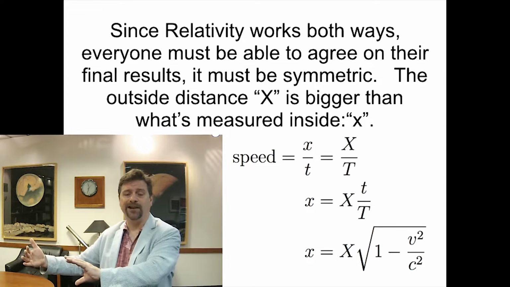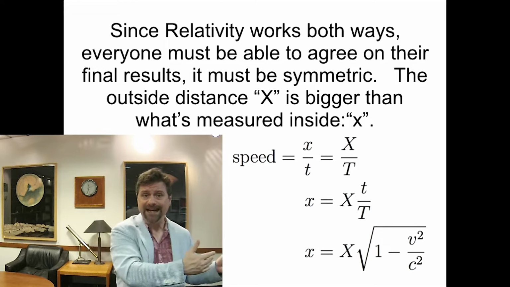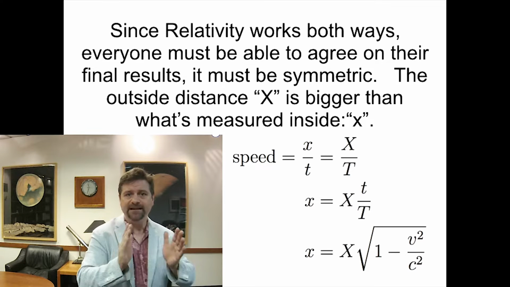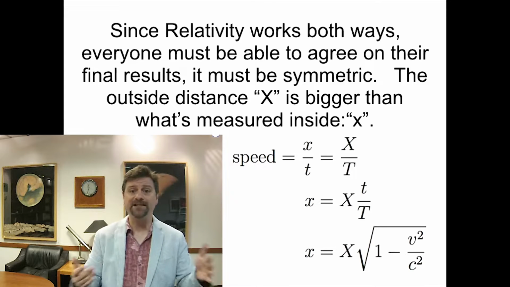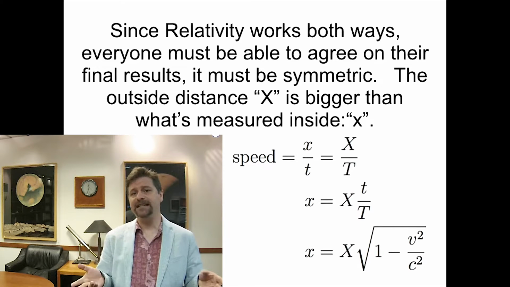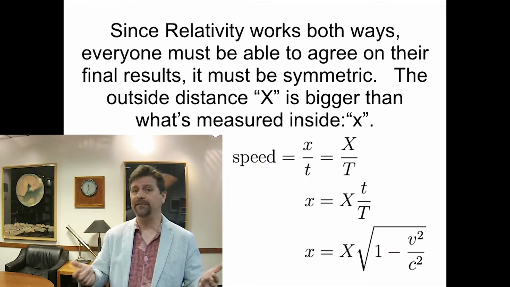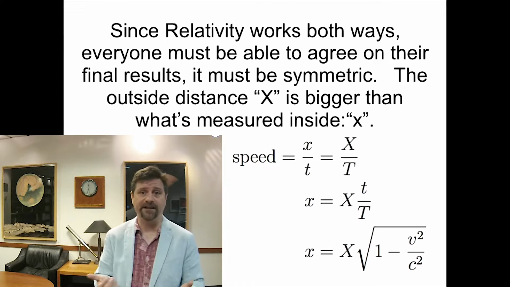Or if you're in the room of clocks and you're looking outside and watching somebody else, you would think they are moving by. It's just in a negative direction, so the speed is the same, but it's in a different direction. So the effect must be the same. So you measure the distance, a speed is measured simply by some length divided by some time. And so no matter how you measure it, it's always some length divided by some time.